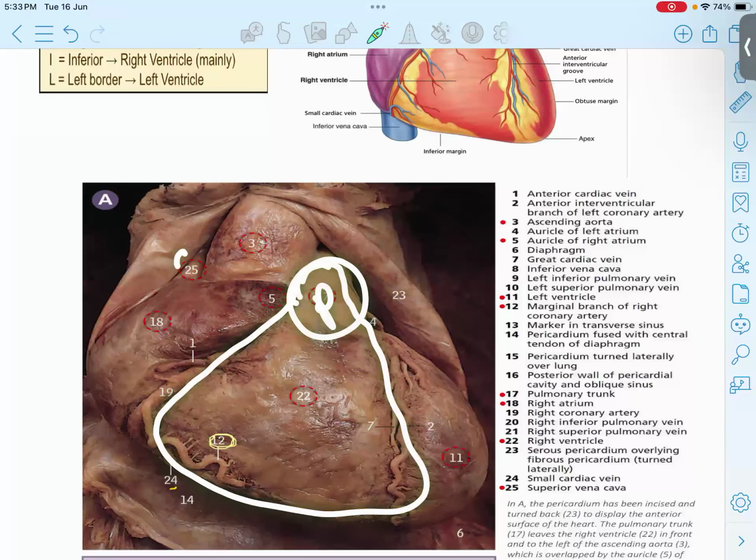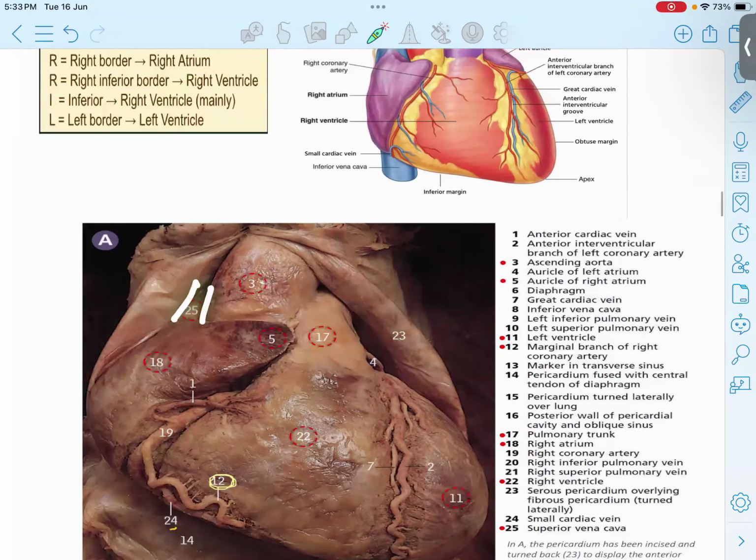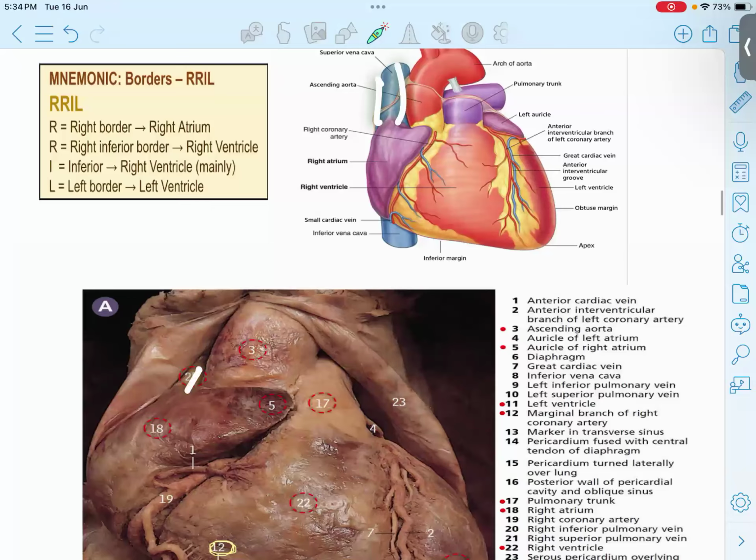So SAP: S is the superior vena cava, and below the superior vena cava is the right atrium. 18 is the right atrium, and the extended part of the atrium is the appendage, also called the auricle. So 5 is the auricle of the right atrium, 18 is the right atrium, and 25 is the superior vena cava.